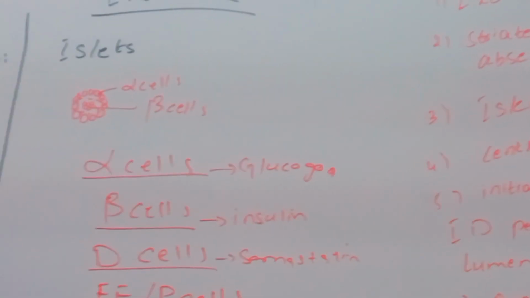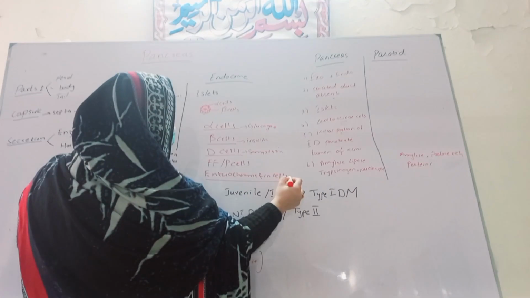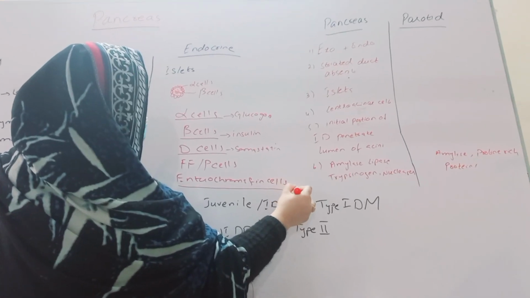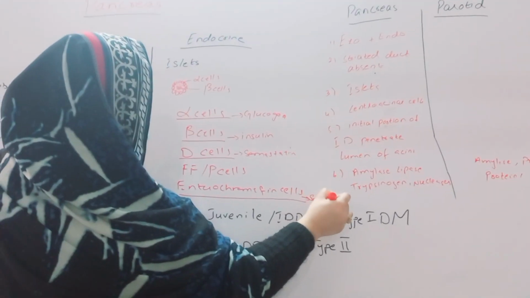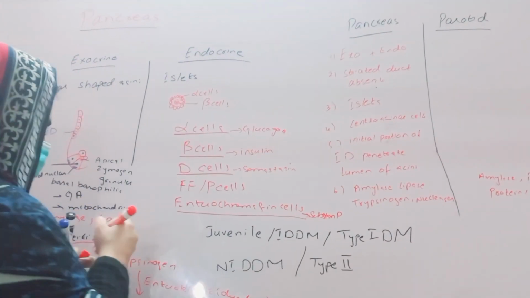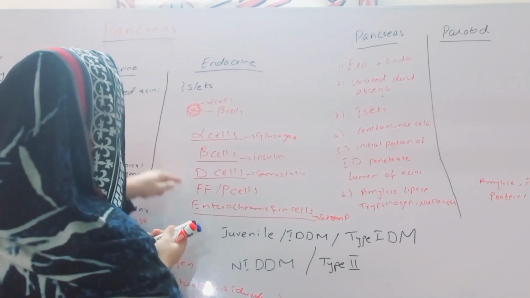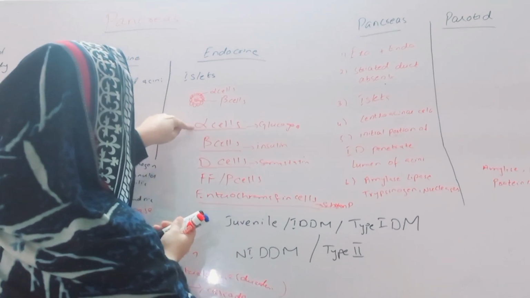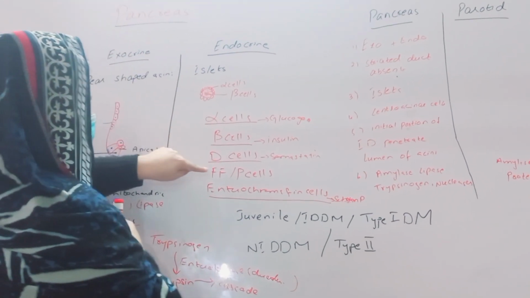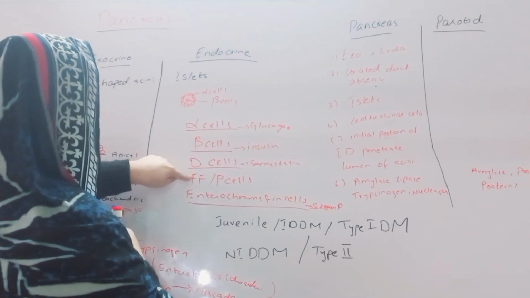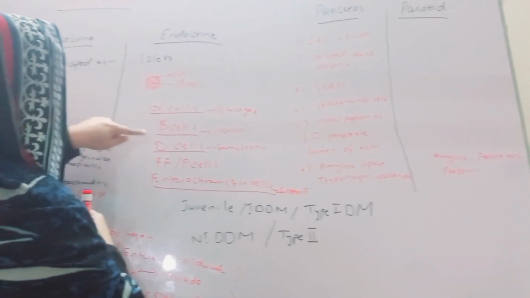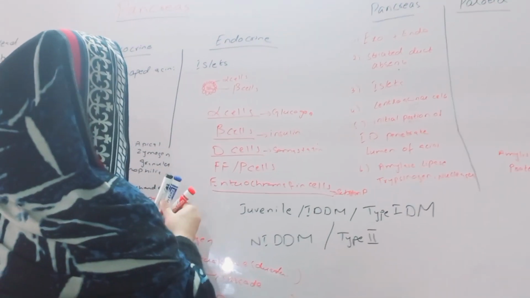Then we have PP cells, which secrete pancreatic polypeptide, and enterochromaffin cells, which release substance P or serotonin, etc. So these were the cells of the islet of Langerhans: alpha cells, beta cells, D cells, PP cells, and the enterochromaffin cells.